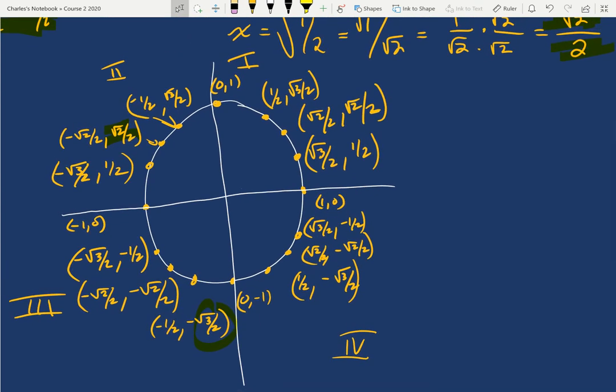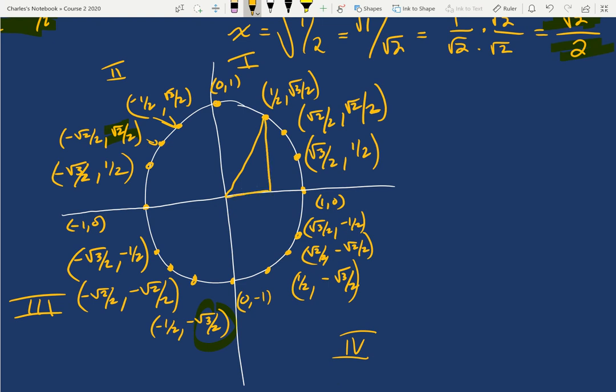Now, one of the reasons why it's important is because what we're after here is we're trying to figure out different triangles. So let me just take this triangle right here, for example.